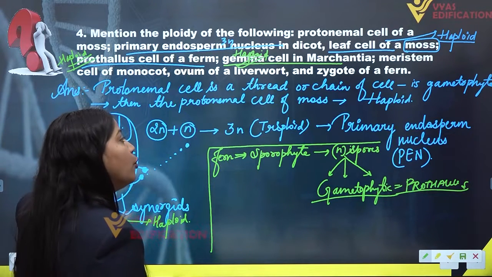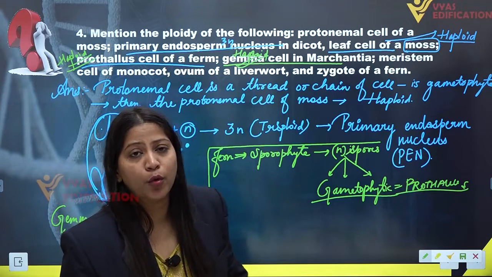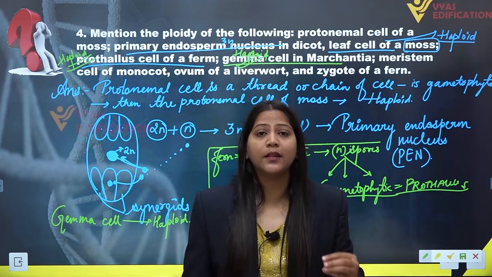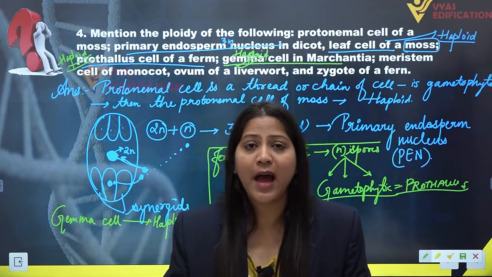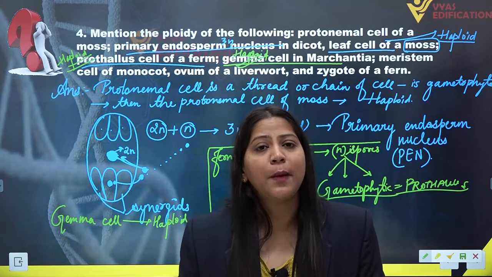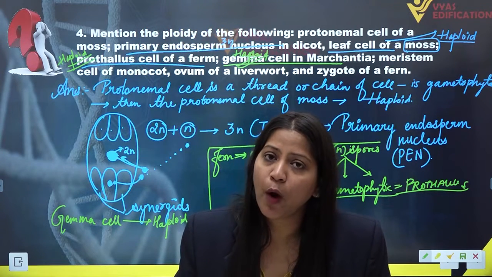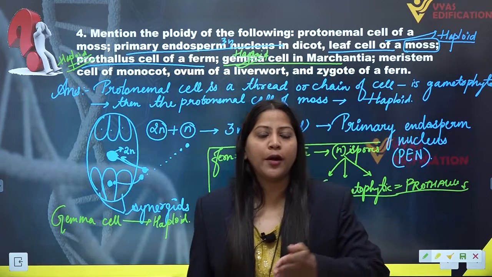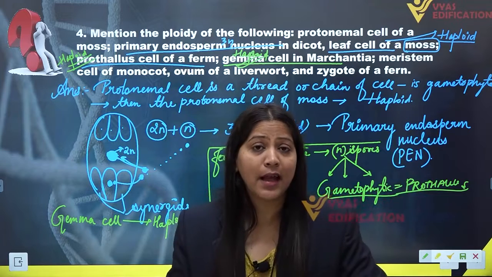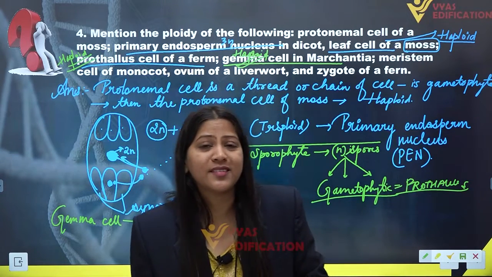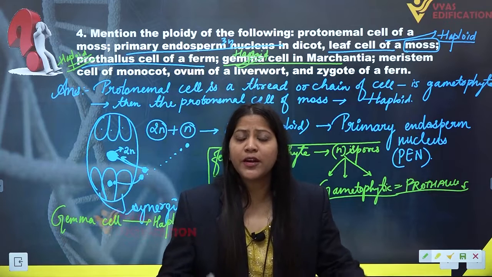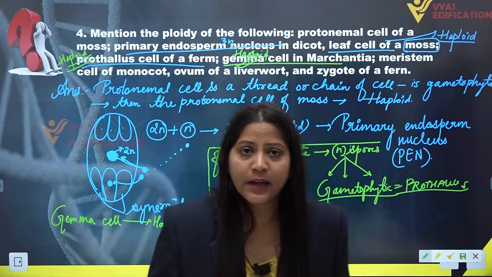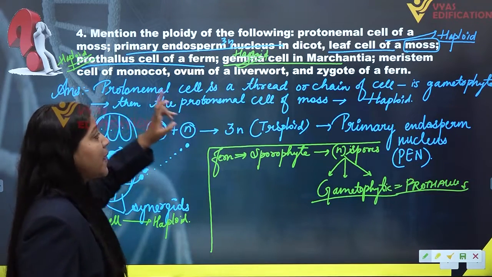Then come towards the next, the ploidy level of meristem cell of monocot. Let's come towards the monocot and dicot. As we know, angiosperms are the most advanced plants, and angiosperms have their dominant plant body as sporophyte, which is diploid in nature. Each and every cell, the leaf cell, the stem cell, the flower cell, present on the sporophytic plant body is also diploid.